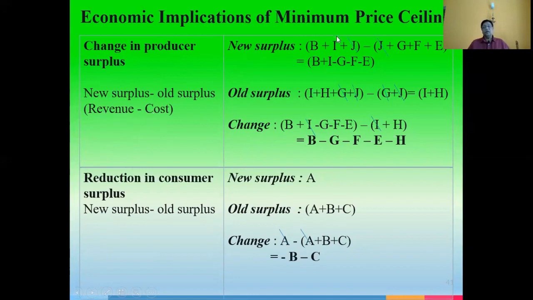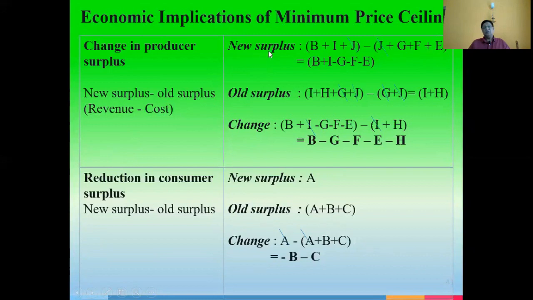The new total revenue of the producers, that is under minimum price, is given by the area of BIJ. But the cost of production is given by the area of JGFE.